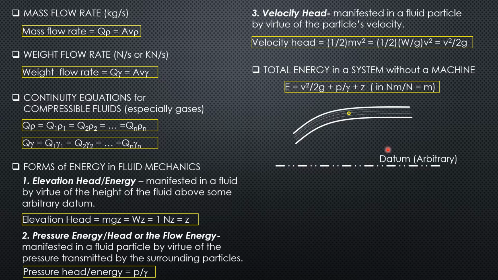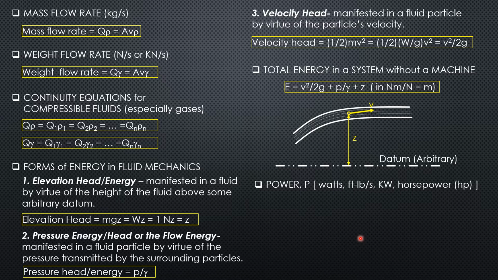For instance, the total energy with respect to this arbitrary datum consists of these three forms of energy. So we have velocity, then this particle flows because of pressure also. Then those are the three forms of energy.